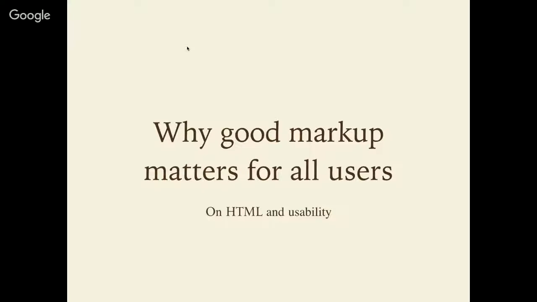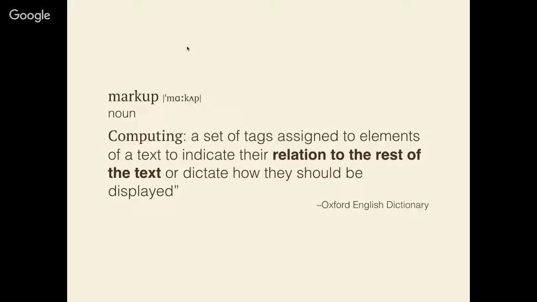So let's look at the word markup first. Markup is a noun. It comes from computing, and it's a set of tags assigned to elements of text to indicate their relation to the rest of the text or dictate how they should be displayed. That is the definition of the Oxford English Dictionary, anyway.